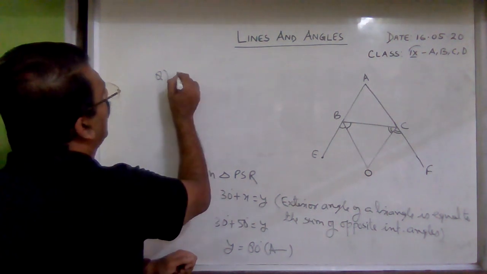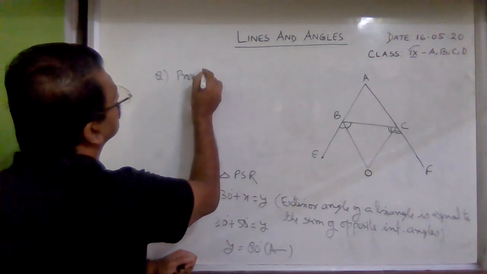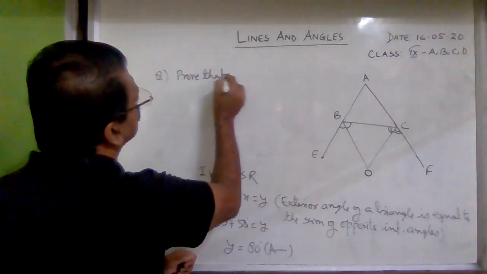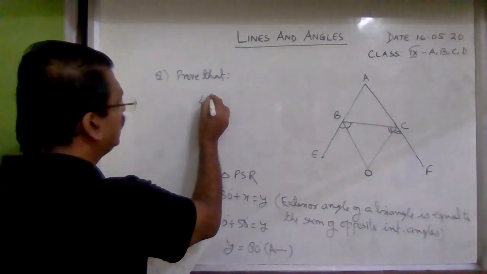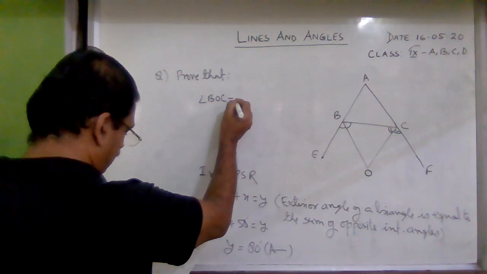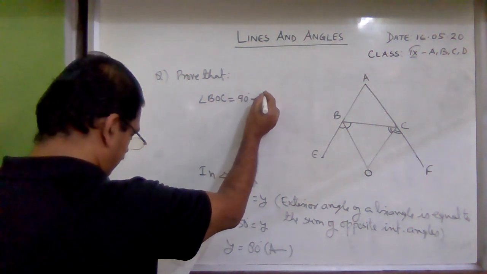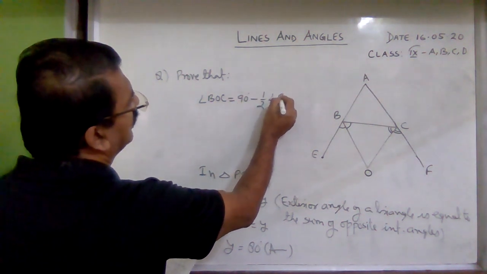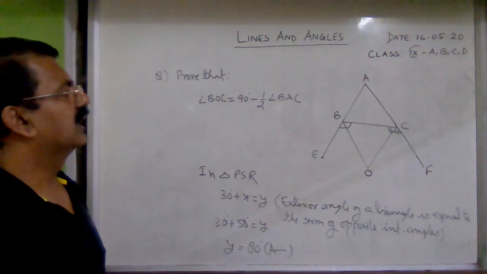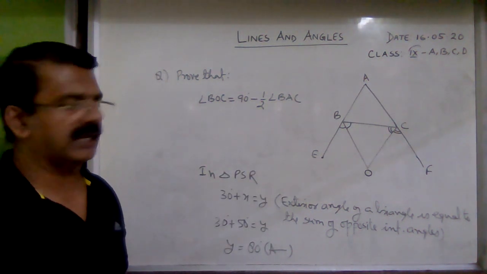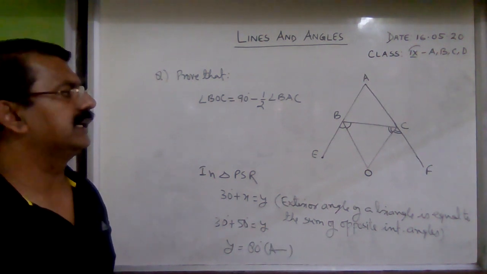Now you have to prove that angle BOC is equal to 90 minus half angle BAC.